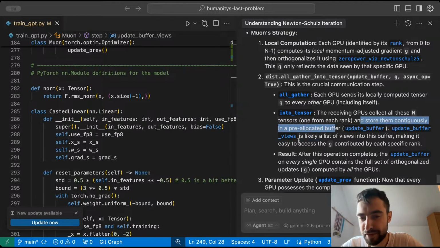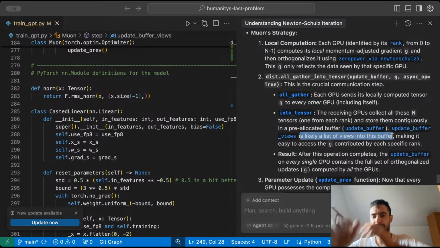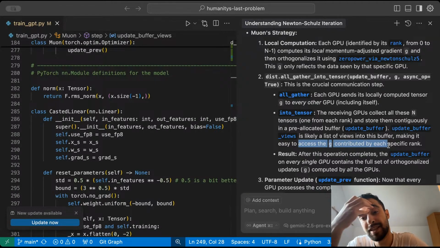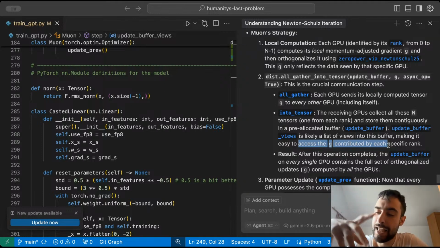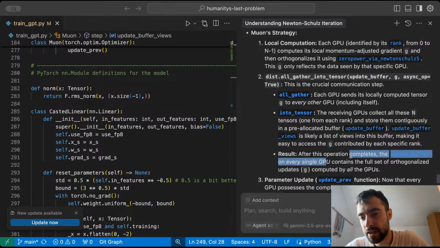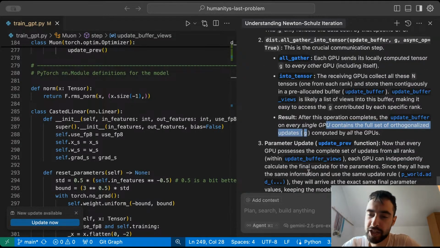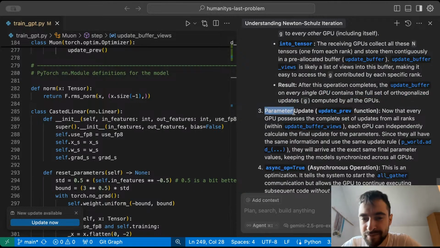Update buffer views is likely a list of views into this buffer, making it easy to access the G contributed by each specific rank. So I guess every GPU sends its computed gradients to every other GPU. Result: after this operation completes, the update buffer on every single GPU contains the full set of orthogonalized updates G computed by all the GPUs. I don't know why, but it is what it is.